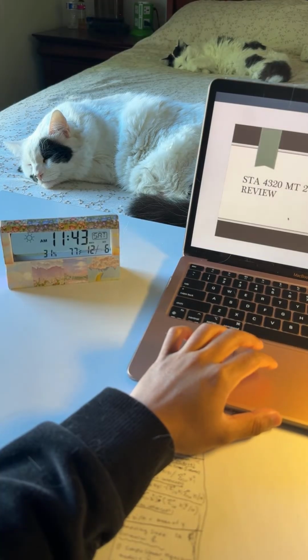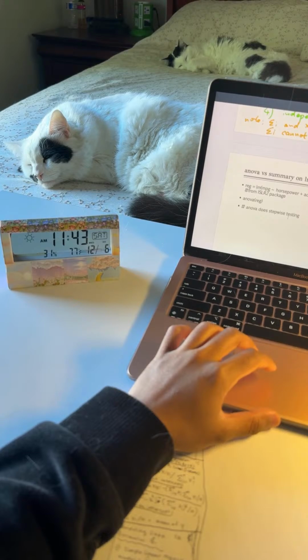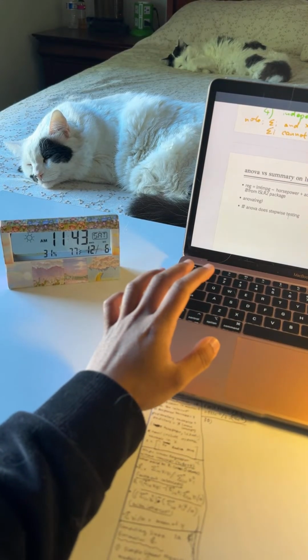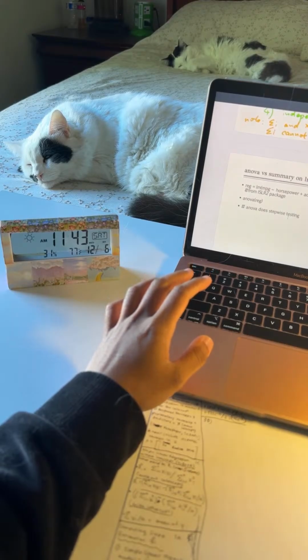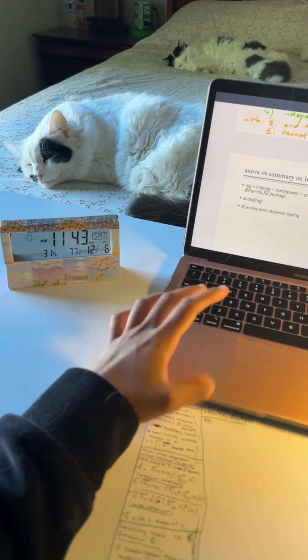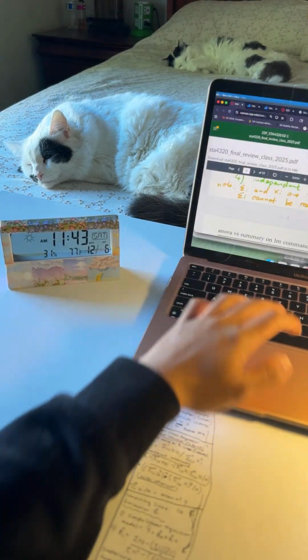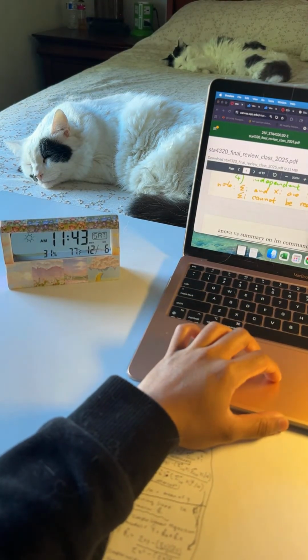So far, the final review has nothing based on what I was studying from the midterm one. But I don't regret it. It is a little discouraging because it's been a lot of time.